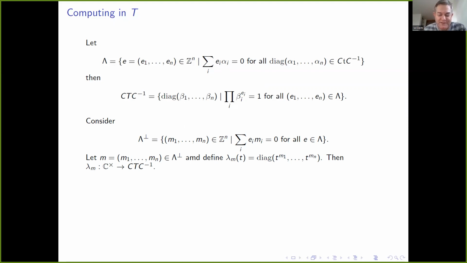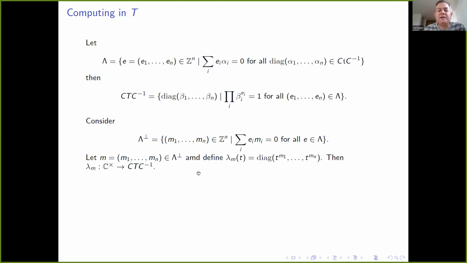Okay, but we want some more. We want not only to characterize the elements, we want to work with them. And what we then do is the perp. We compute the perp lattice, which consists of all vectors that are perpendicular to all vectors in my original lattice Lambda. I call that Lambda perp.